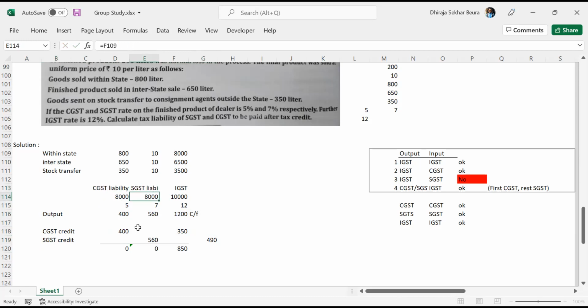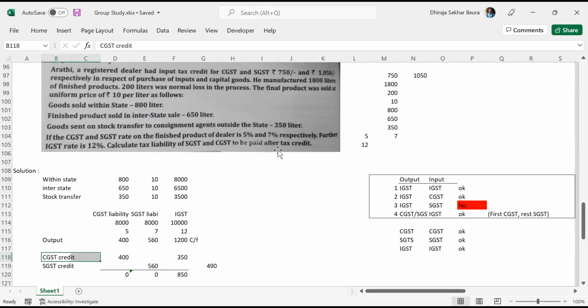So the liability we have calculated at the rates provided in the question is 400, 560 and 1,200. Now CGST credit, how much was available with us? 750, the opening balance. First we utilize it against the CGST liability of 400. Balance left: 350.